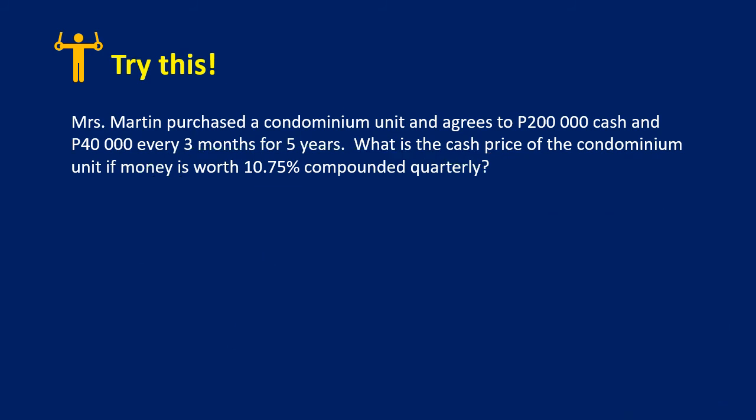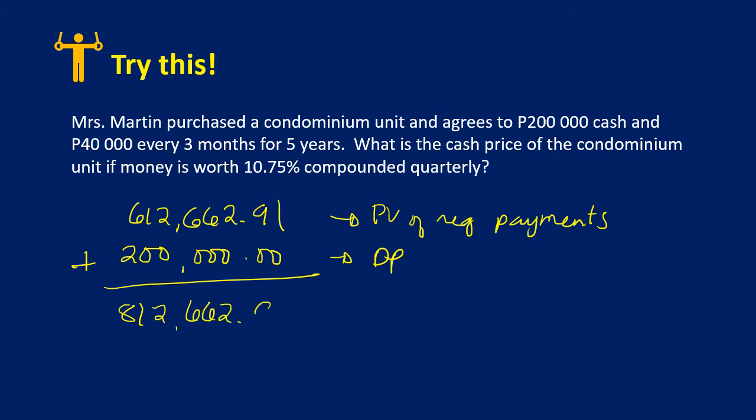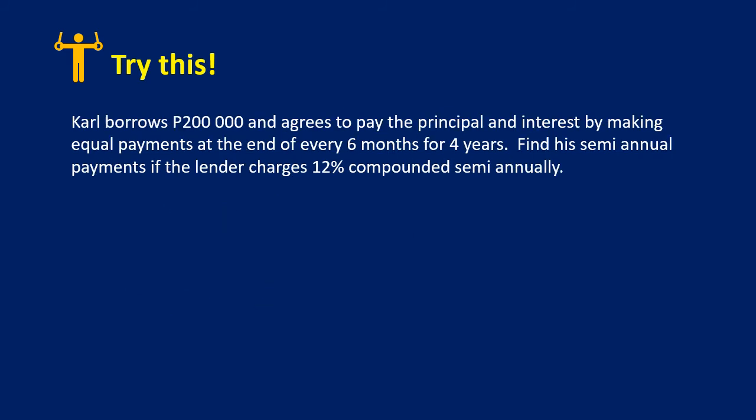Alright, so from our calculator, we get 612,662.91. But this is the present value again of regular payments. But you still have to add your 200,000 down payment, correct? So the answer is 812,662.91.